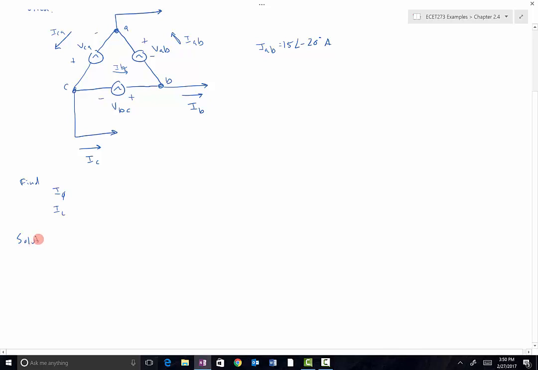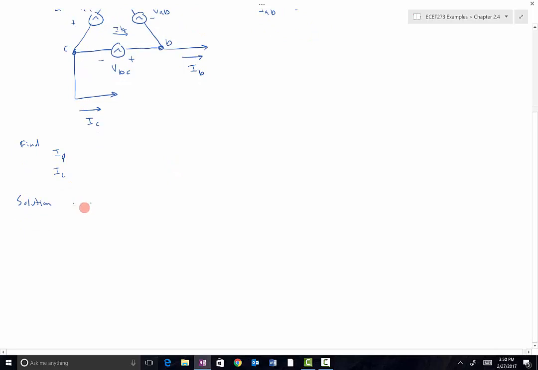So the solution to that is, since we were given the IAB quantity, that's the reference quantity, it's real easy to solve for the other phase currents because the phase currents all need to be 120 degrees out of phase. So we'll just write that IAB is equal to 15 at angle negative 20 degrees amps.